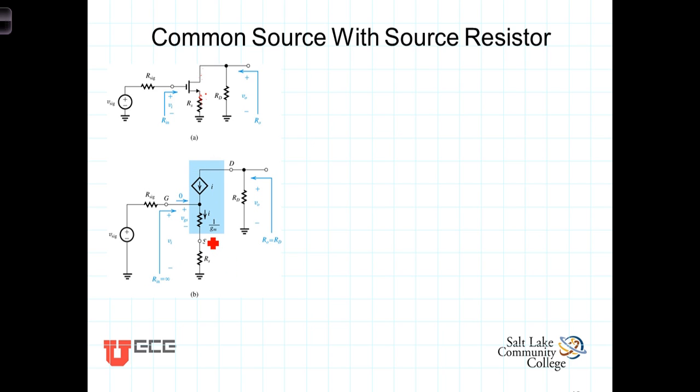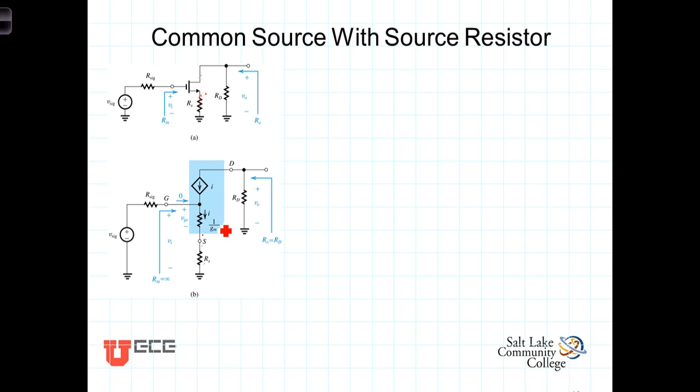This is useful because in the T model, the resistance seen looking back into the source, this 1 over G sub M, ends up being in series with R sub S, and it makes the analysis significantly easier.